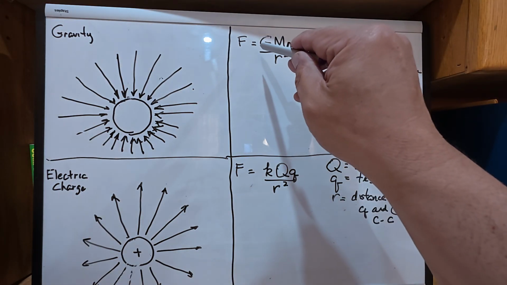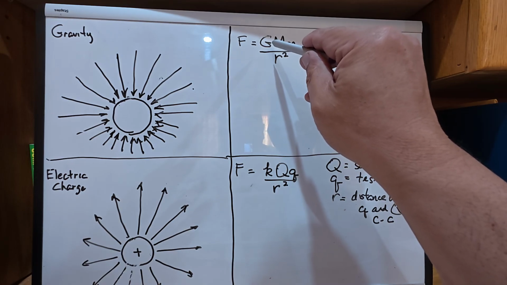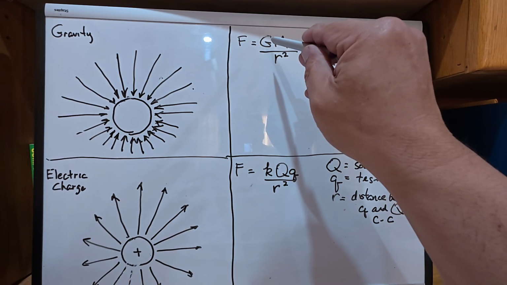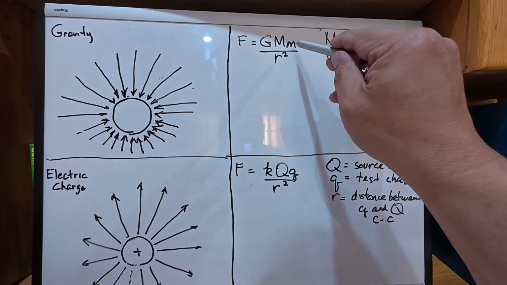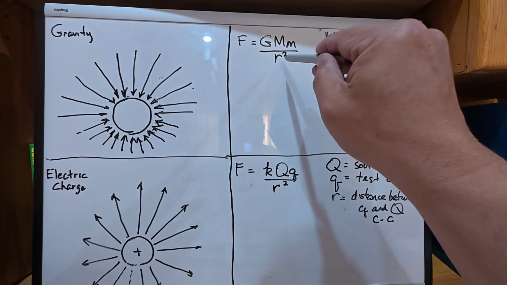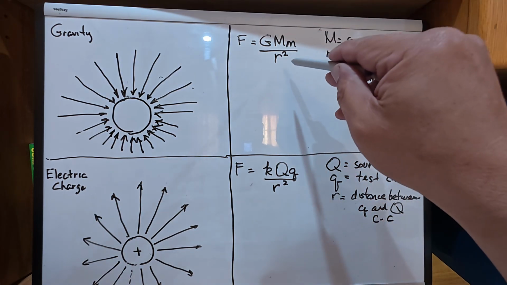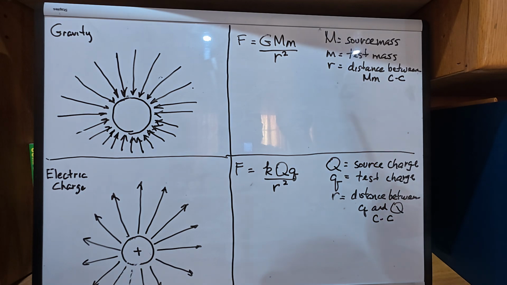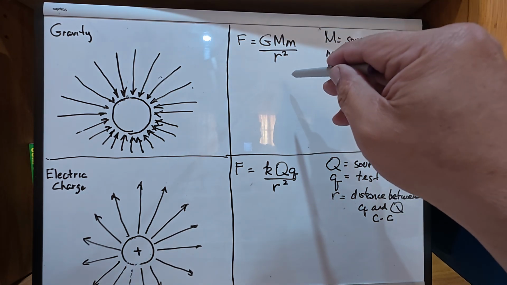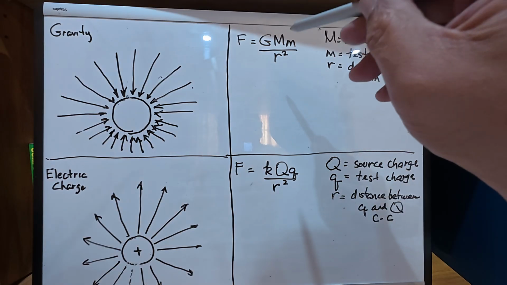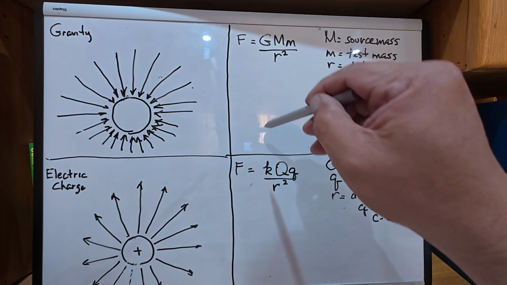That force is, according to Isaac Newton, a product of G, the gravitational constant, the source mass, the test mass, divided by the square of the distance between the centers of the source mass and the test mass. That's the formulation for the force, according to Newton's gravitational law.